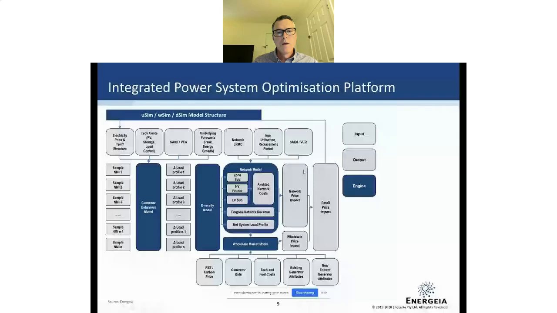Now, in terms of a particular diagram of our whole of system modeling, this is what we use to try and communicate that. We do a bottom-up model, also known as an agent-based simulation, and it is calibrated to each DNSP, or distribution network service provider, in the NEM by looking at zone sub data, which is publicly available. And we use agents or sample points to model customer behavior, based on their historical adoption of behind the meter technology, as well as electric vehicles and appliances themselves, and whether they're gas or electric.